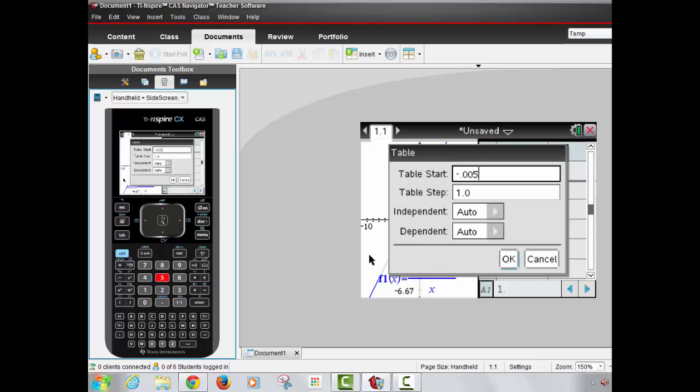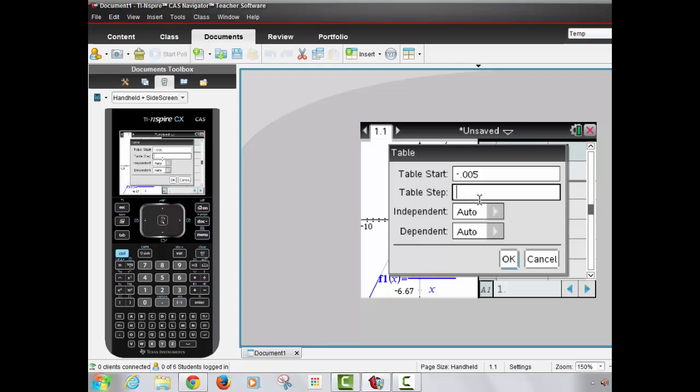That's pretty close to 0. And then let's approach 0 using really small steps. So we're going to change our table step to be, let's just add one more 0. Instead of 2 zeros, we'll do 3 zeros, and we'll go by 1. So we're going to approach 0 by really, really small steps, 1/10,000th of a value for each x step.